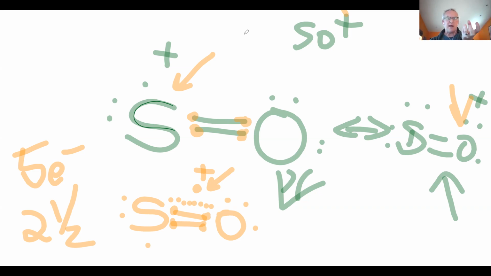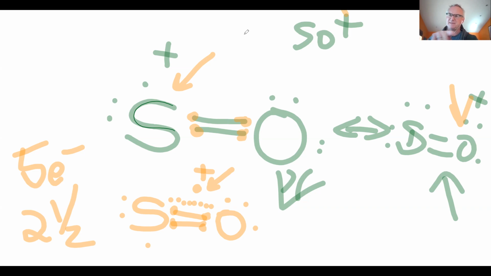When you think about bonds, you're just thinking about how many electrons are being shared. Where is the electron density? In this instance, there's an electron density of 5 electrons moving back and forth, being shared between the two atoms. And so we call that a bond order of 2.5. So we can see that they agree with each other.